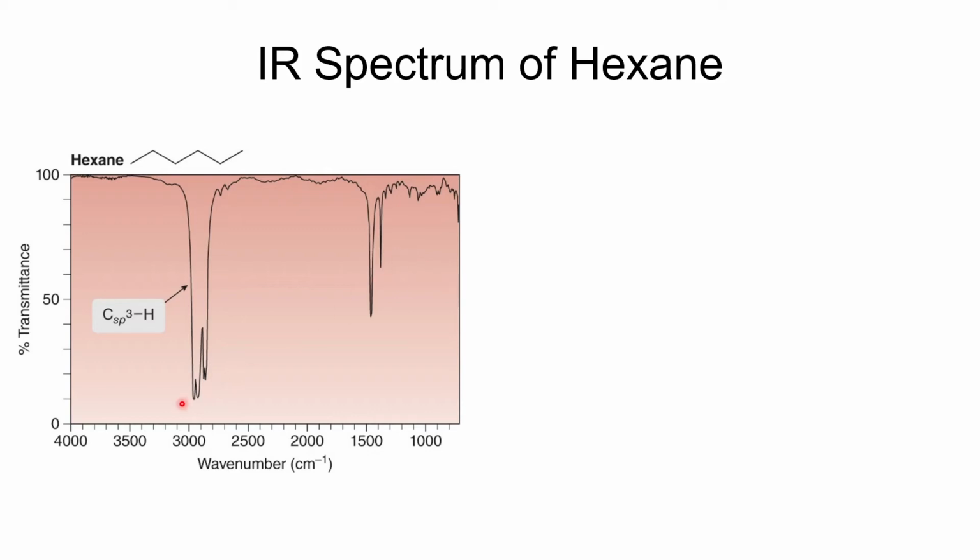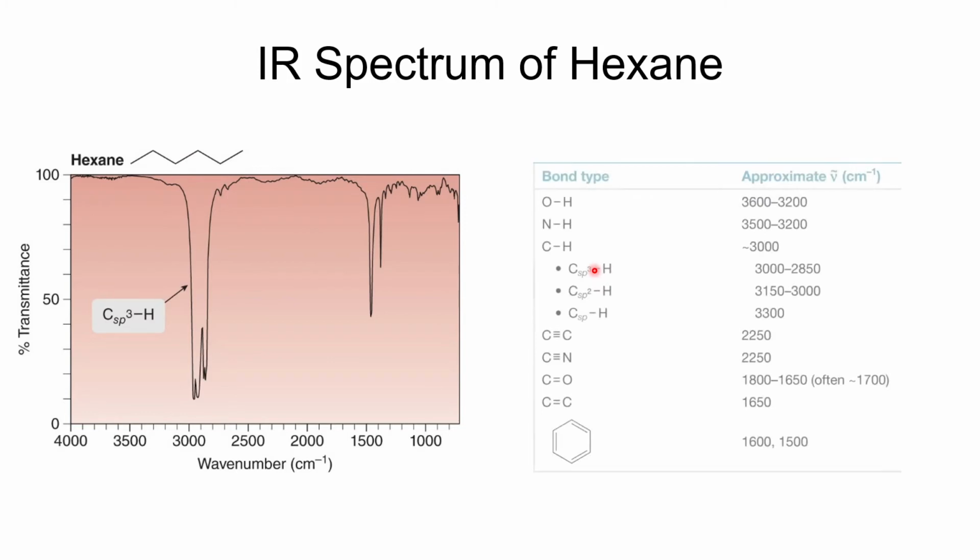And we've got carbon-hydrogen sp3, so you'll notice that it's to the right of 3000. This is from 3000 to 2850 is where those peaks are. And that's it. There's no carbonyls, there's no OH, there's no other polar bonds. So we're just not going to get it. So we'll have the 3000, 2850, and then there's some carbon-carbon single bonds that we don't even have on this chart. But that's what those other things are in the fingerprint region.